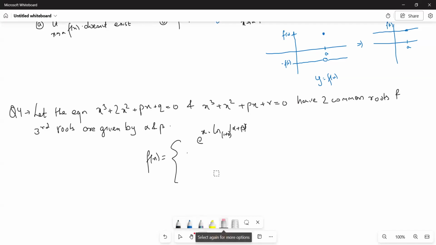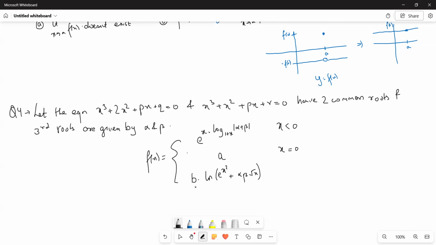Oh, sorry, it will not be ln, it will be log. x into log of mod of alpha plus beta to the base 1 plus x for x less than 0, a for x equal to 0, and b times log of e to the power x square plus alpha beta times root x by tan of root x for x greater than 0 is a continuous function.